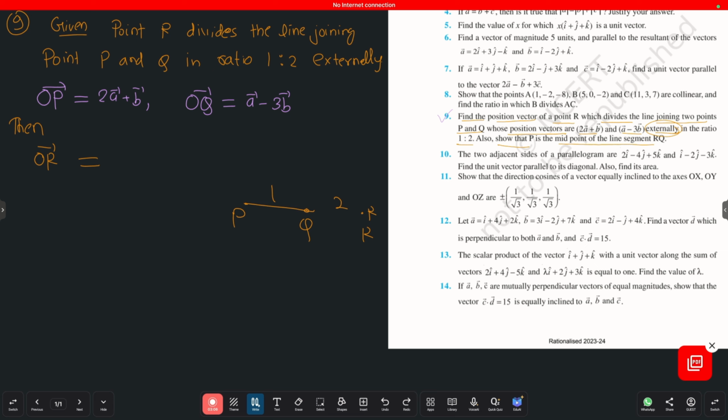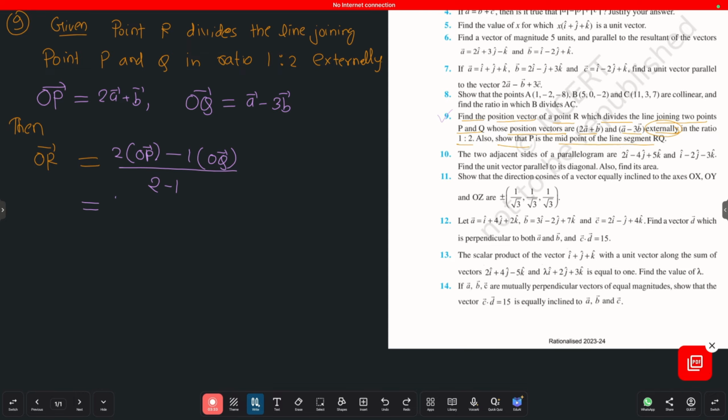According to external division, the answer will be 2 into OP vector, then minus, because of external division, 1 into OQ vector, divided by 2 minus 1.